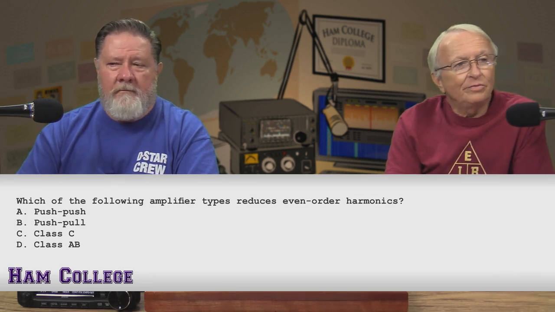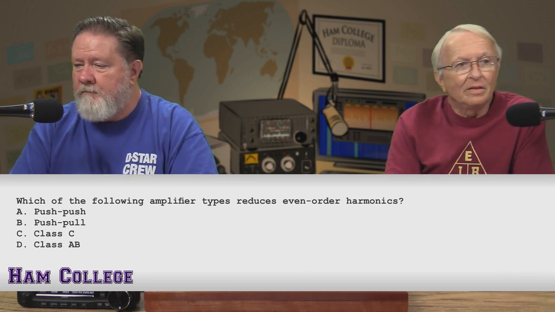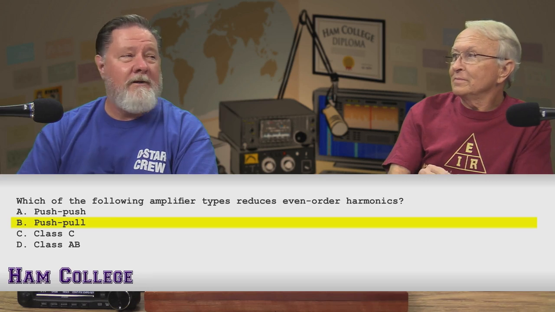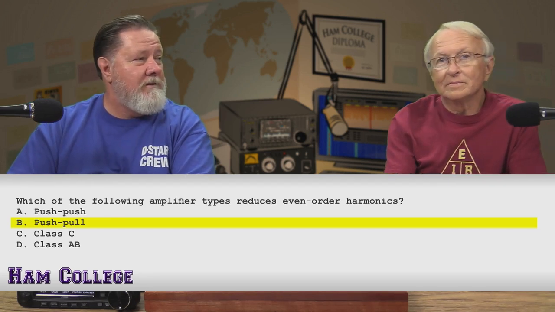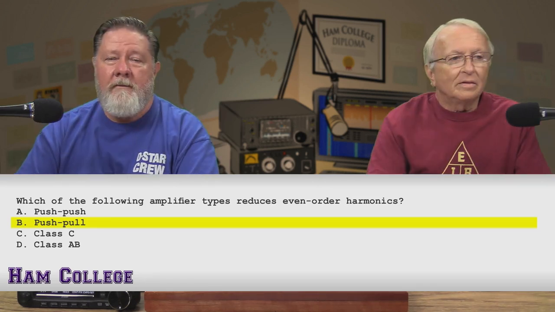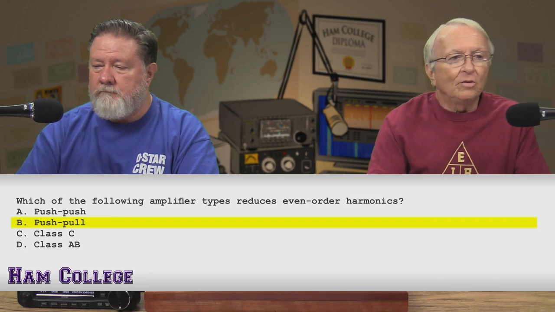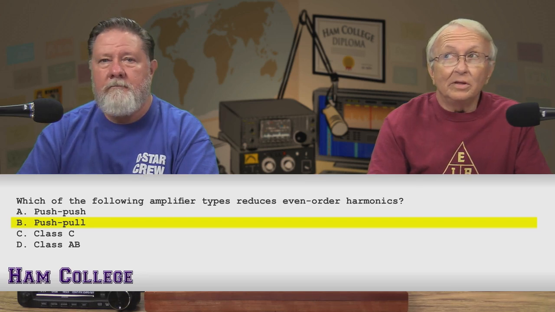What are they saying over in the chat room? B, D, C. Everything but A. Yeah, this may be a banner evening for the Ozino team over here. Tom says, I get it. A class AB operates in push-pull would work, but a single element in AB would be nasty.